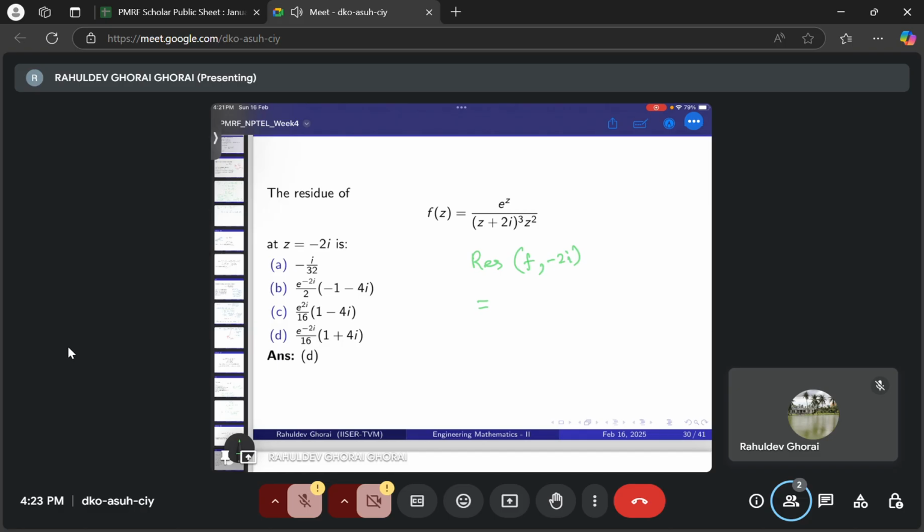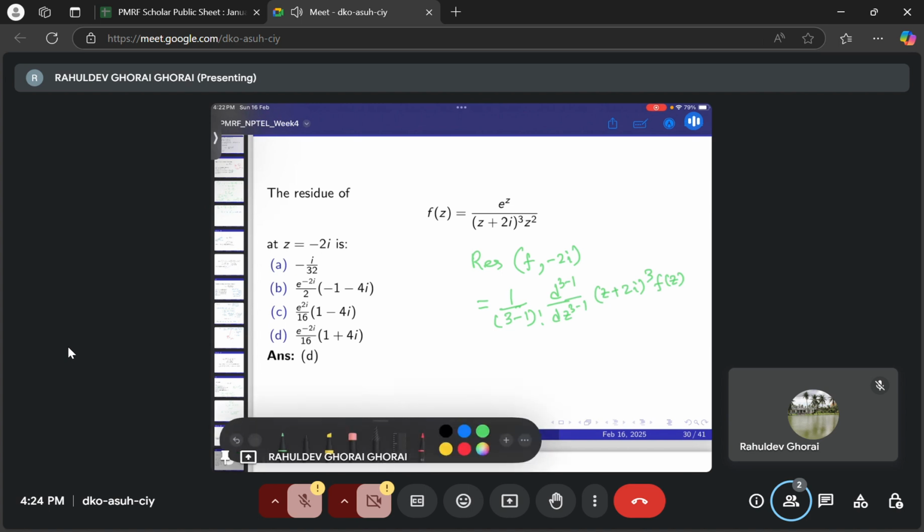So it will be 1 over (3 minus 1) factorial, d^(3-1) over dz^(3-1) of z plus 2i to the power 3 times f(z), and we take the limit as well.